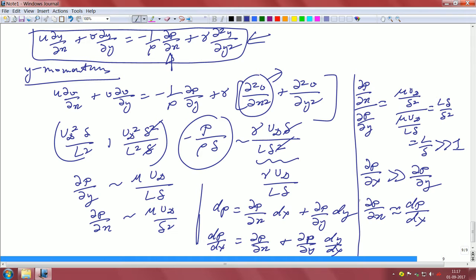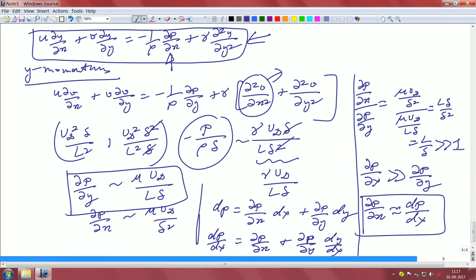So, this is quite clear now that using this y momentum equation, we have shown that dp by dy is a very small quantity compared to dp by dx, and therefore, you can write dp by dx as an ordinary differential, cool up to this particular point.